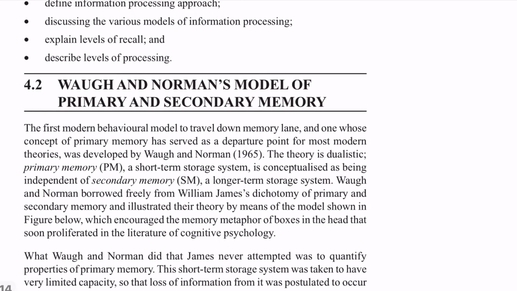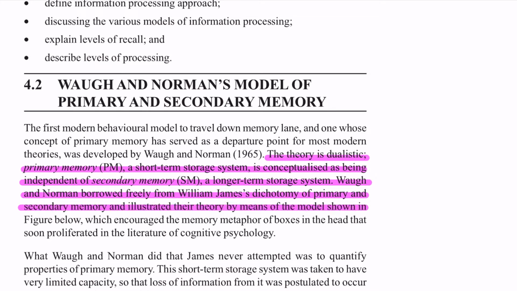Now we will discuss Waugh and Norman's model of primary and secondary memory. Waugh and Norman gave a dualistic approach to the information processing model with primary and secondary memory. These terms have been taken from William James, and they said that primary memory is short-term memory, whereas secondary memory is long-term memory.